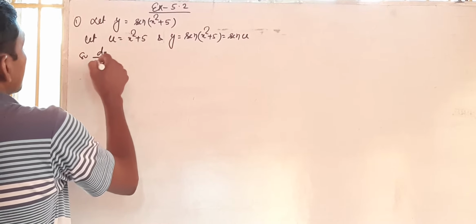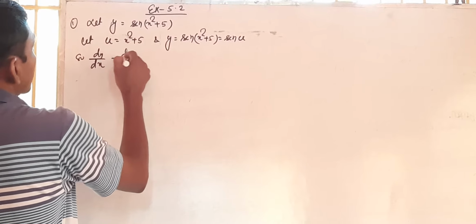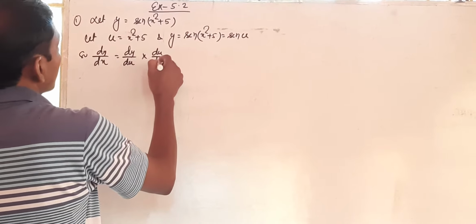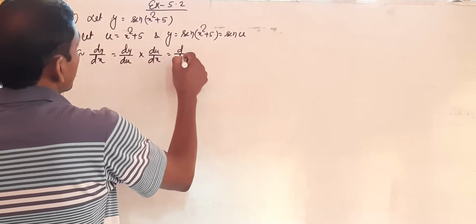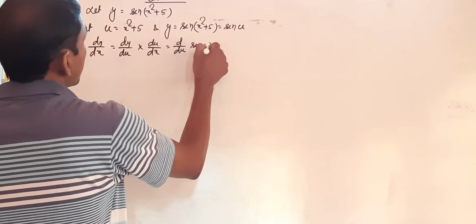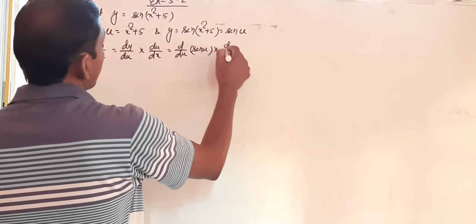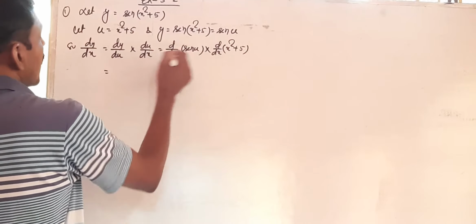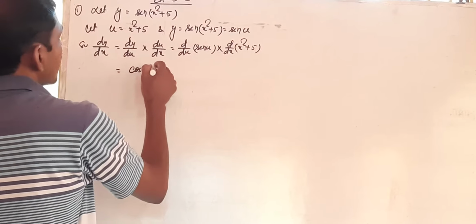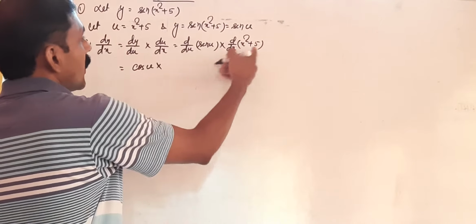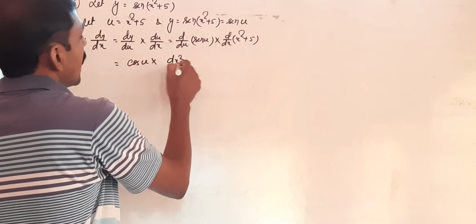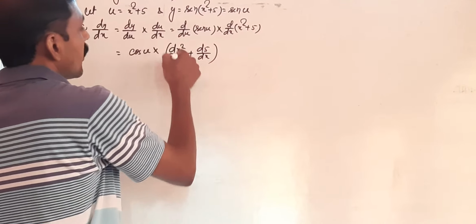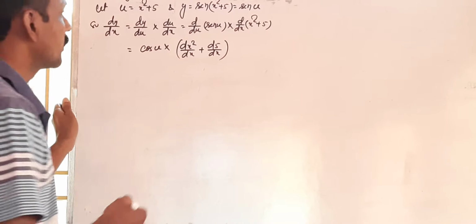So dy by dx is dy by du into du by dx. So d by du of sin u into d by dx of x square plus 5. The derivative of sin u is cos u into the derivative of x square plus the derivative of 5, by the algebra of derivatives.